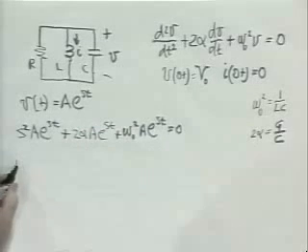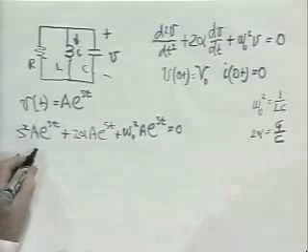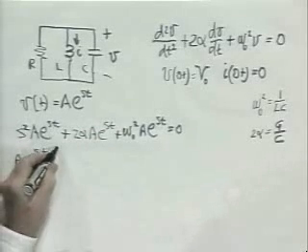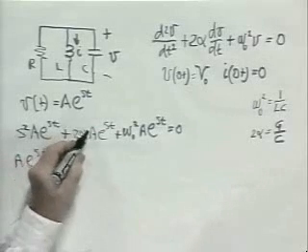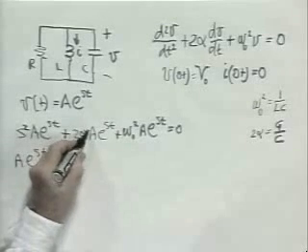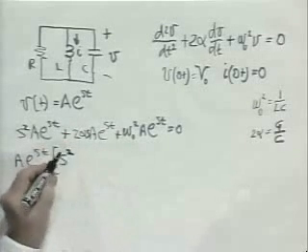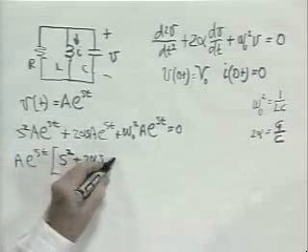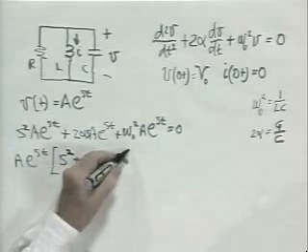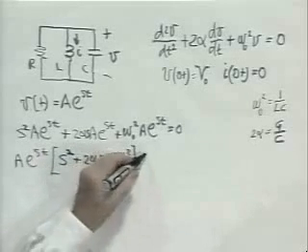If I factor out the a e to the st, we get s squared. Sorry, I left an s out of here. When I differentiate this once, we bring out an s. So s squared plus 2 alpha s plus omega naught squared equals 0.